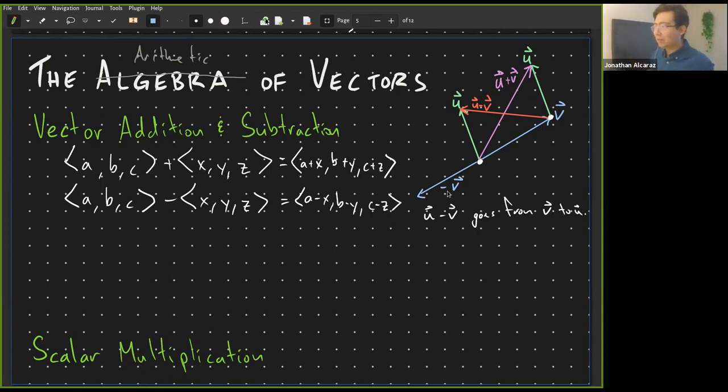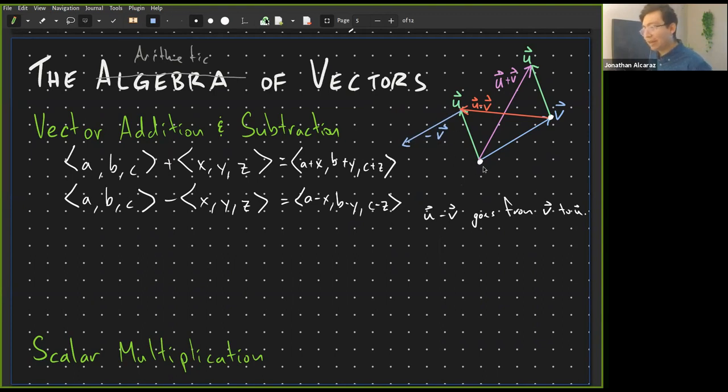And now how did this help? Well, if we take this vector that we just created, and we move this up here, like a head to tail thing, then we can see that the addition of U to negative V, if we add those two together, is going from here to here.